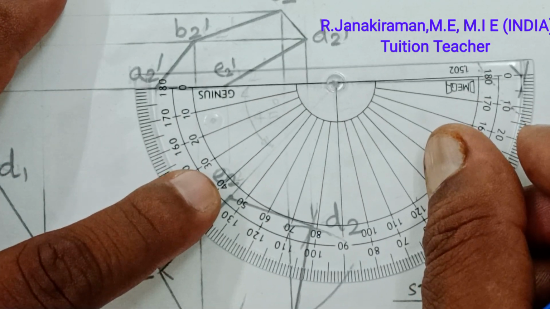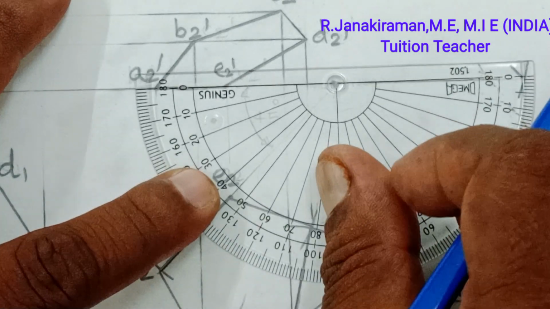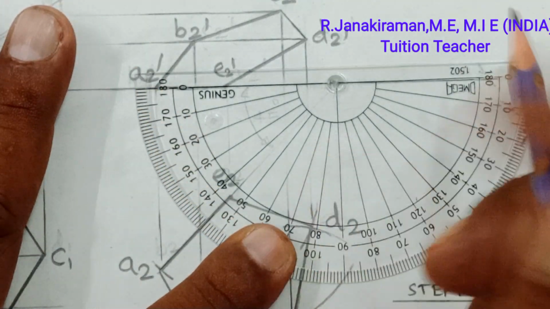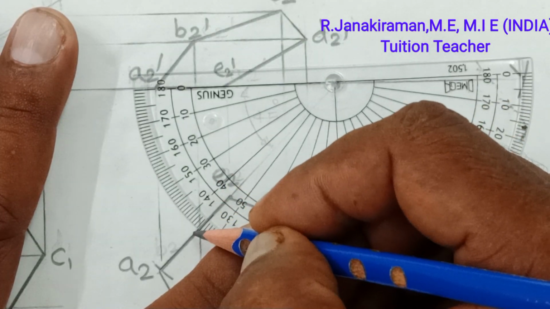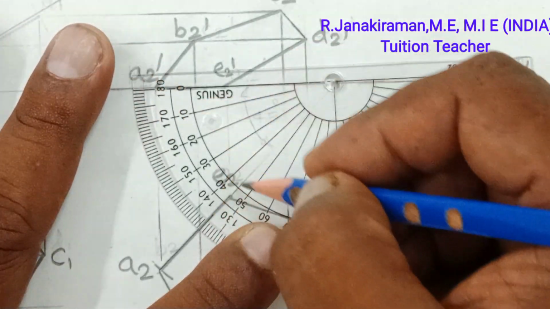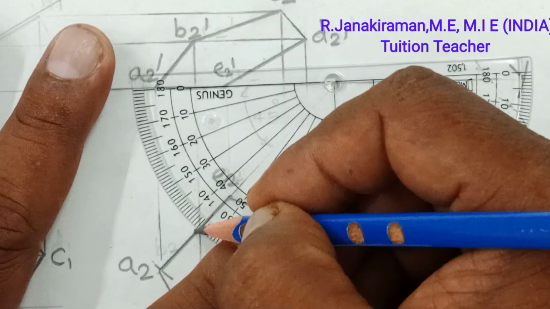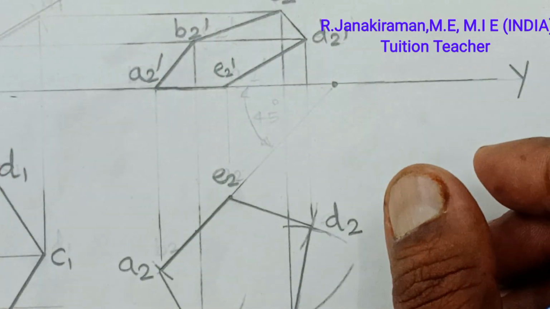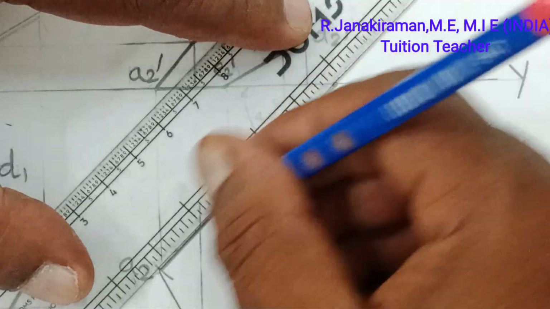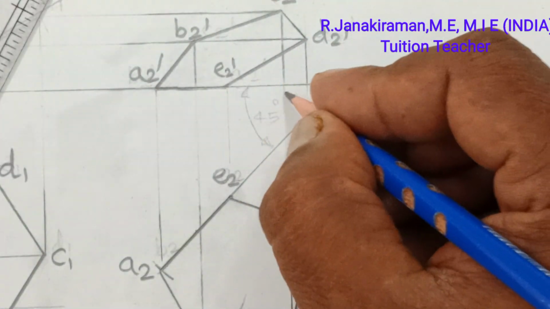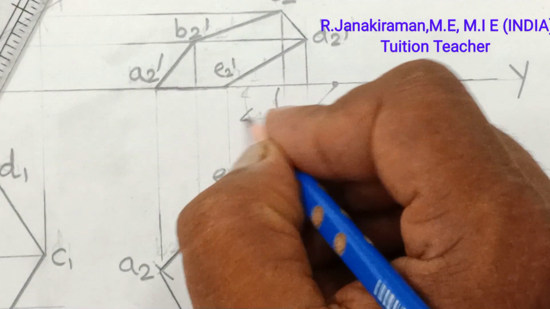So adjust your protector, keep like this, mark an angle of 45 degree. Read like this: 0, 10, 20, 30, 45, put a point. Between 40 and 50, that is 45 degree is marked. Okay. So next, remove your protector. Join the marked points using protector. This is angle 45 degree.